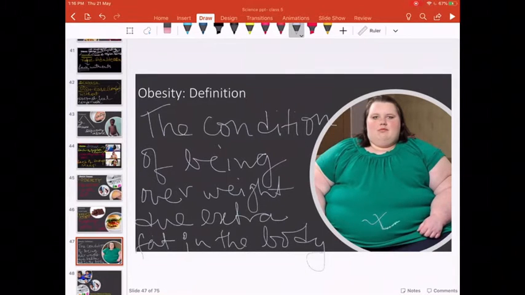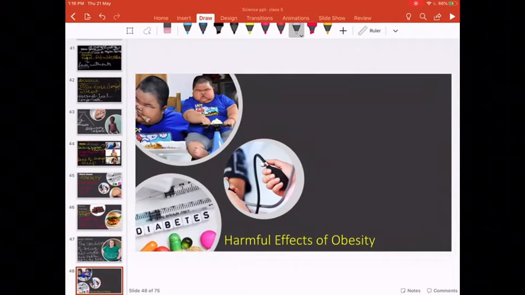Now you see, this poor girl has become fat due to the extra deposition of fat in her body. Look at her chin, her tummy, her hands. These are extra deposition of fat in the body. Got it?